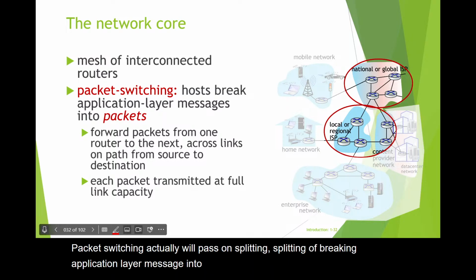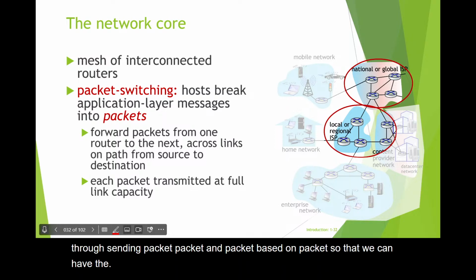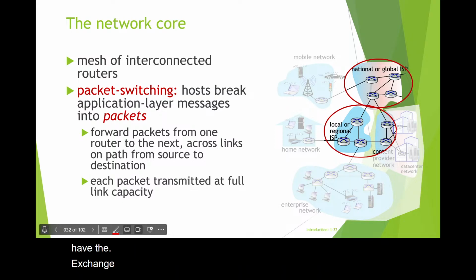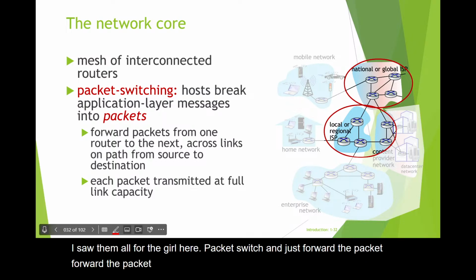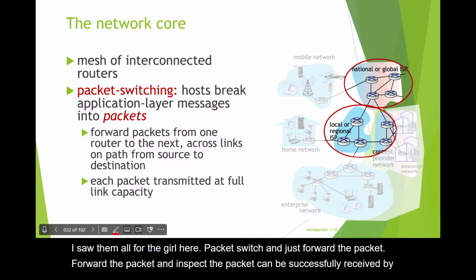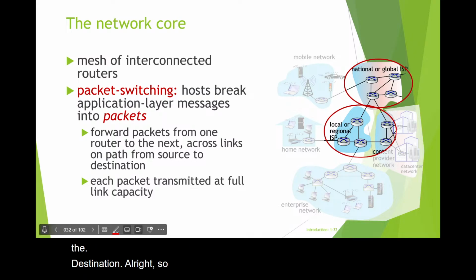Then we can exchange messages by sending packets. So we call that technique packet switching. The goal here is that packet switching just forwards the packet, and we expect the packet to be successfully received by the destination. All right, so forward packet, destination, you see.